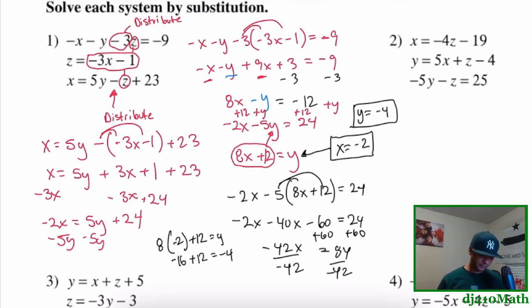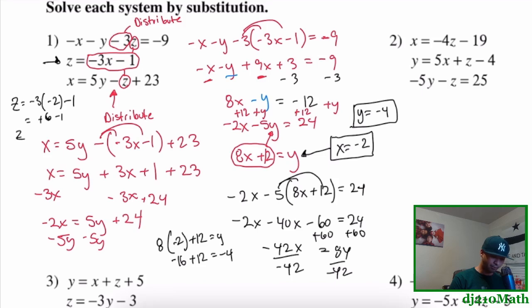And finally, z, well, I can plug in x into the middle one. So this is going to be z is equal to negative 3 times negative 2 minus 1, which is positive 6 minus 1, which is 5.